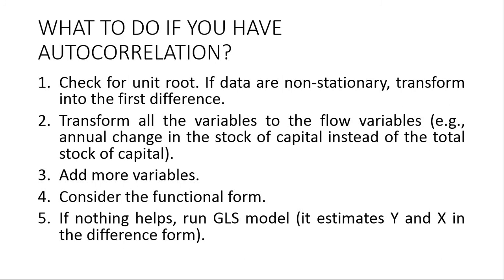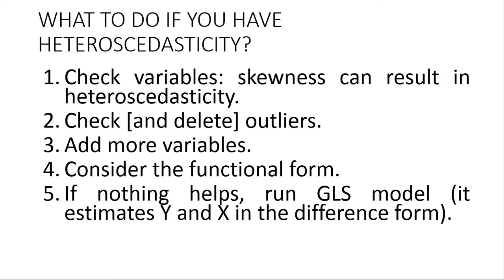Make sure that you add all the potentially important variables and you avoided specification bias. You might reconsider the functional form. And if nothing helps, then you can run a GLS model. For heteroscedasticity, it's very similar, except you might also try to logarithmize your variables, because sometimes skewness serves as the source of heteroscedasticity.